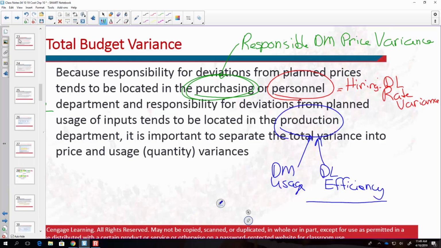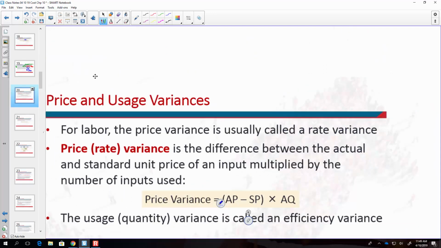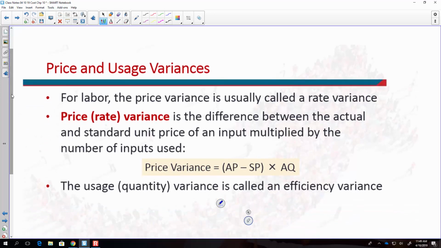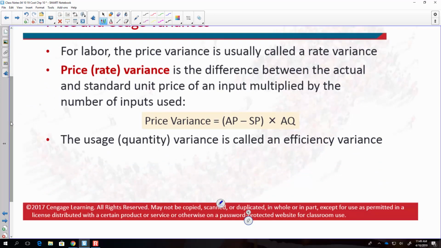Also on page 528 and 529, it goes into how do we compute the price variance. And just, again, price or rate variance, understand what these letters mean, right?